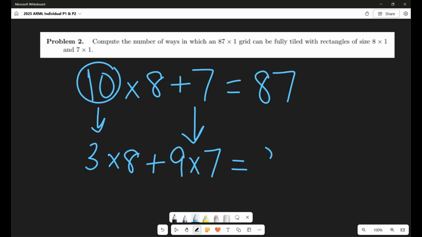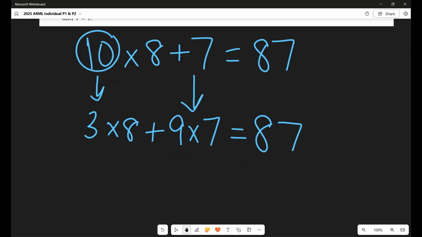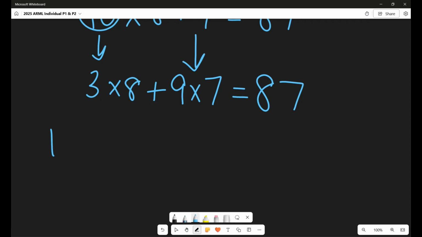Feel free to double check that this is equal to 87. So now we know that we can either have 10 8s and 1 7, or we can have 3 8s and 9 7s. This just comes down to how many ways we can rearrange either the 10 8s and 1 7, or the 3 8s and 9 7s.